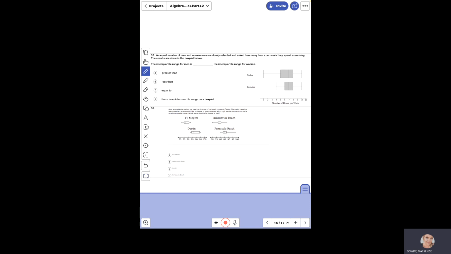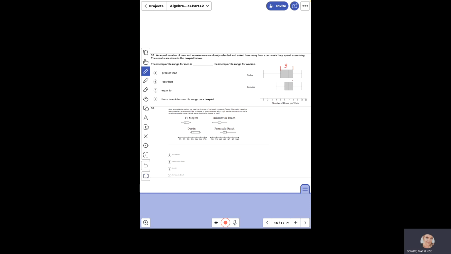57 says an equal number of men and women were randomly selected and asked how many hours per week they spend exercising. The results are shown in the box plot below. The interquartile range for men is, so we've got, I think that's 8 and 3, or 8 minus 5 is 3.